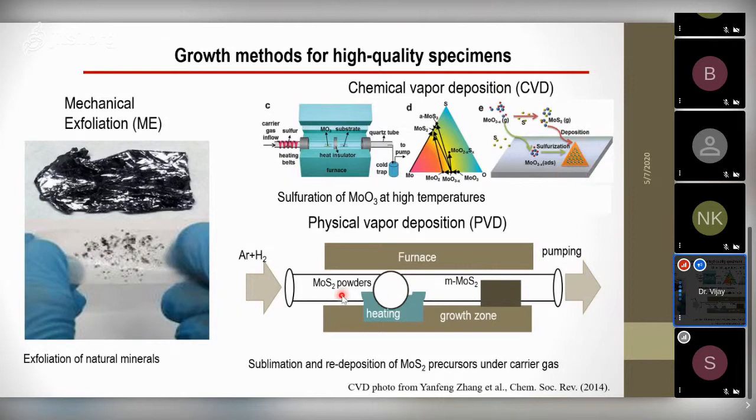The third possibility is molybdenum disulfide powder, which through physical vapor deposition with a high heating zone can give a monolayer of MoS2 on a substrate. So we wanted to study what defects arise when we use three different deposition techniques.